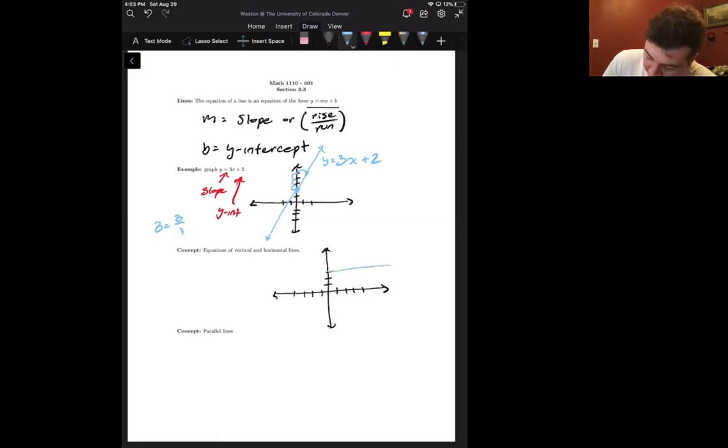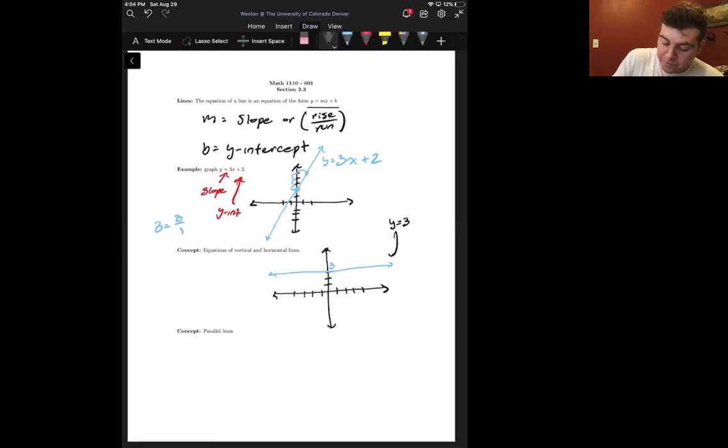Just trying to make sure we get it over the tick mark at 3. So tick mark 3. We notice that no matter what we plug in for x, our y value is always the same. It's always going to be y equals 3. It doesn't depend on x, so we don't need an x in the equation.